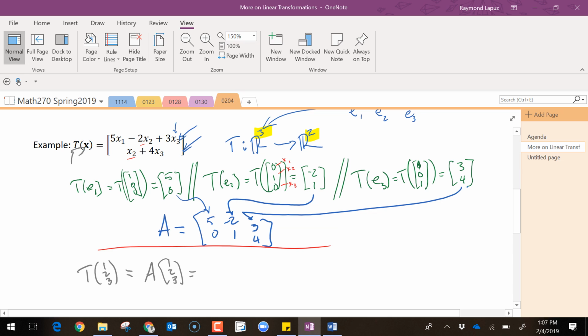So now it becomes a matrix multiplication: 5, -2, 3, 0, 1, 4, times 1, 2, 3. So now it's a matrix multiplication that I can just compute to give me the same result as if I was putting the 1, 2, 3 into the transformation.